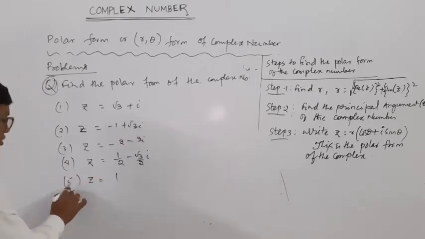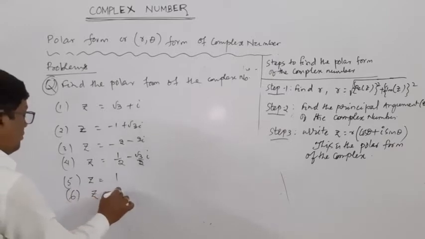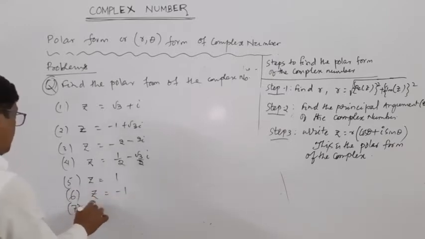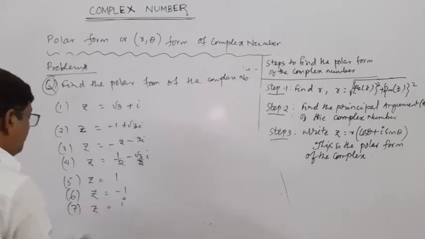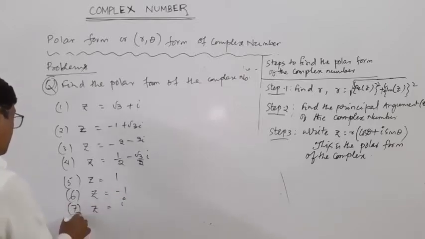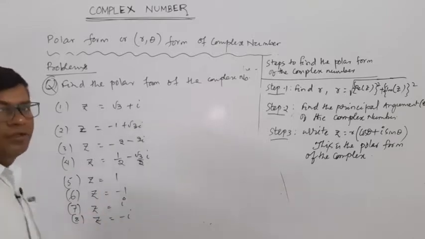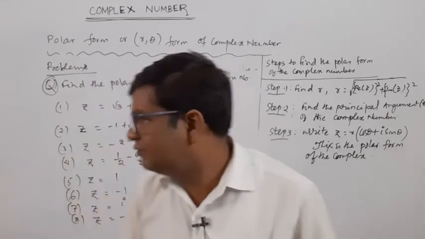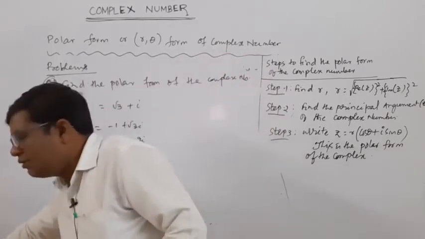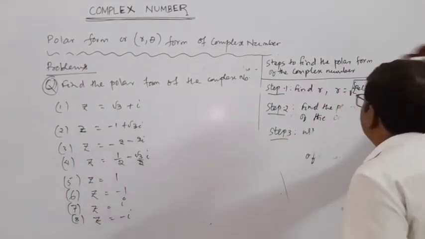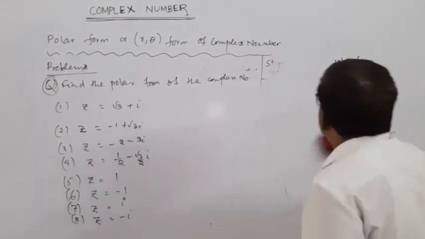Sixth one is z is equal to minus 1. Seventh one z is equal to I, and eighth one z is equal to minus I. Then find the polar form of these questions. Now the process is, first find solution of first question.